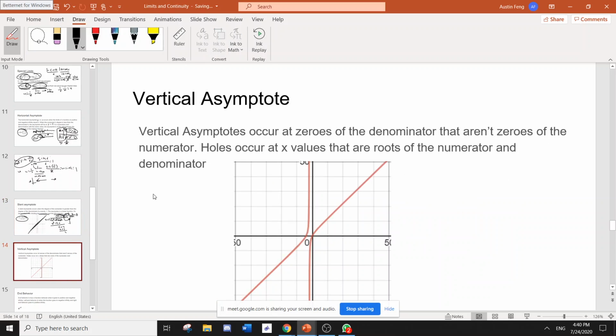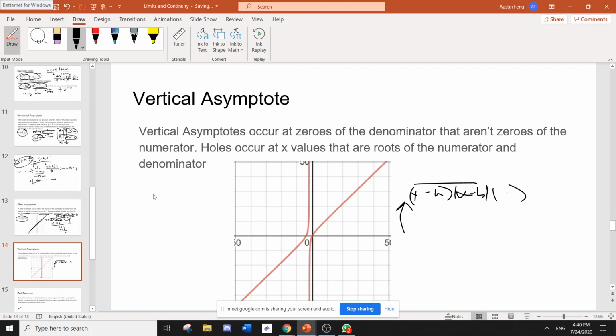Now, vertical asymptotes. Our denominator is some x minus a times x minus b dot dot dot, and the asymptotes occur at all the zeros of this polynomial.